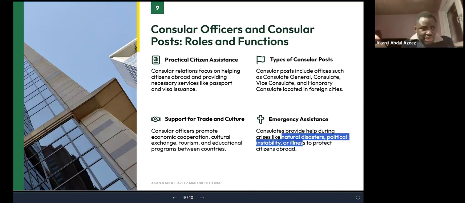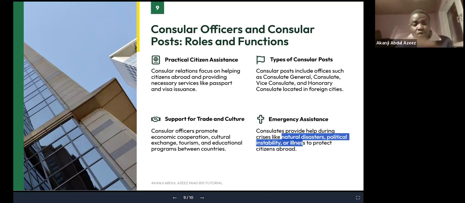The Nigerian Ministry of Foreign Affairs has put out information that if any Nigerian needs help in the Middle East, these are the numbers they can call, and they are going to rescue them. Most Nigerians in Libya are doing housemaid work. Sometimes when they call for help, they evacuate them back to Nigeria. So they provide emergency assistance to Nigerians living abroad.